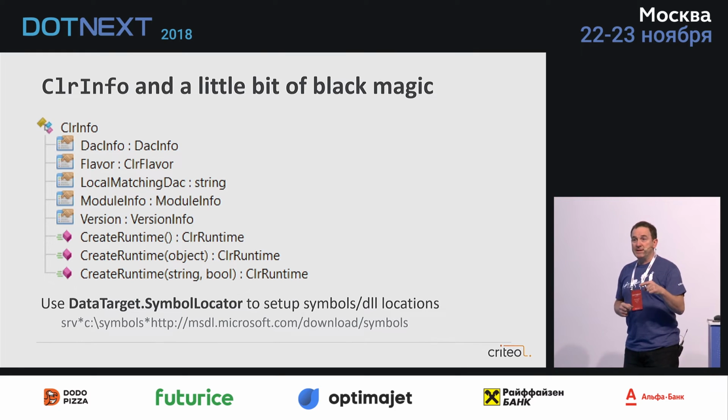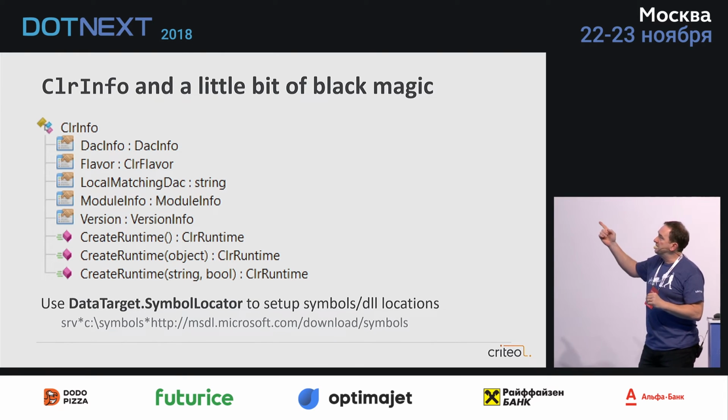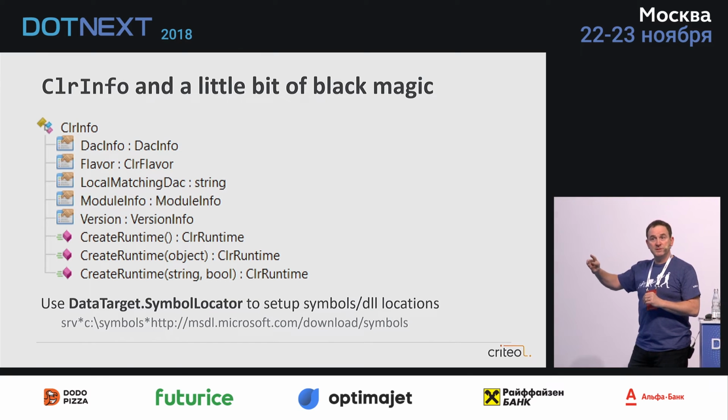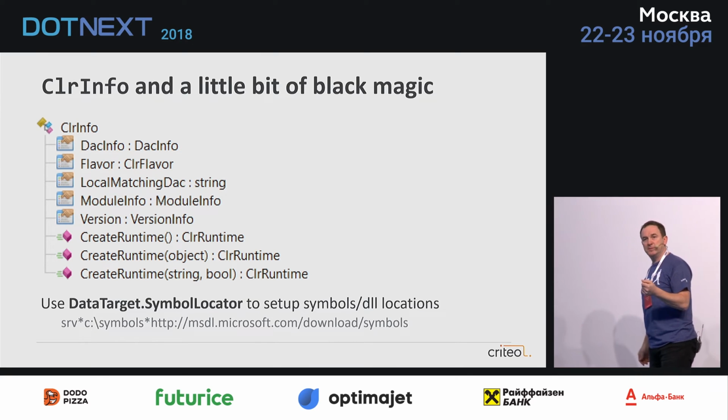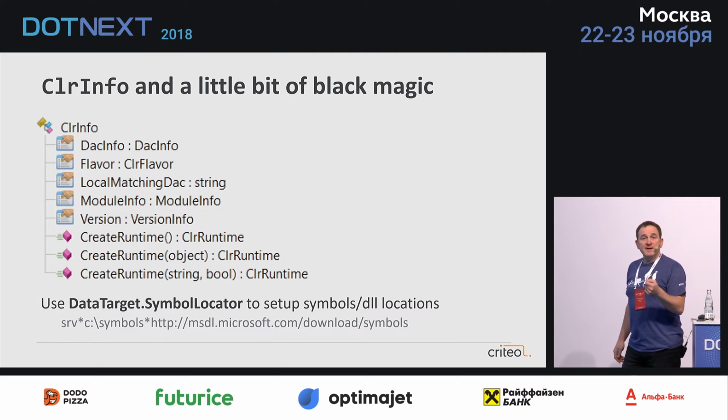SOS is the plugin that is used in WinDbg when you need to go into the CLR, and SOS is the upper layer. The data model is exposed by mscordacwks.dll. And ClrMD is using both. So you need to set up ClrMD to say, okay, I need to find these two DLLs, and I will give you the path where you should find these DLLs.